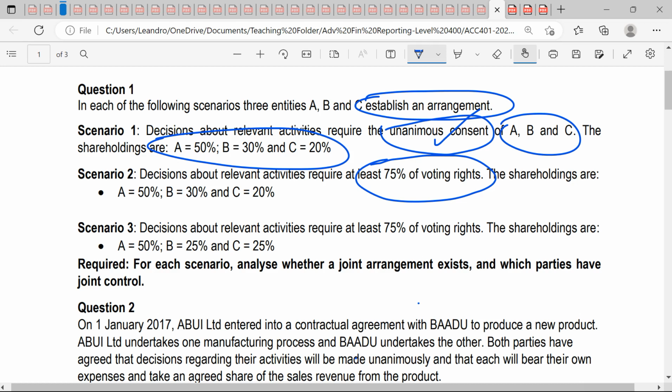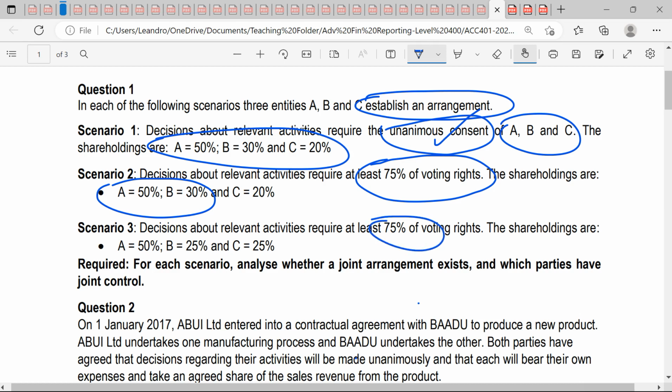It must be 75%. And therefore, you are looking at A and B collectively having that 75%, because A alone cannot, B alone cannot, B and C cannot. And so it has to be A and B. And so A and B jointly control the arrangement.